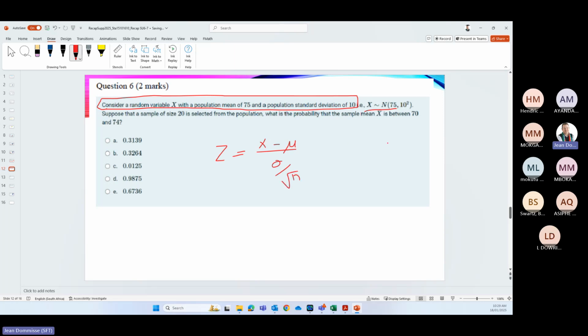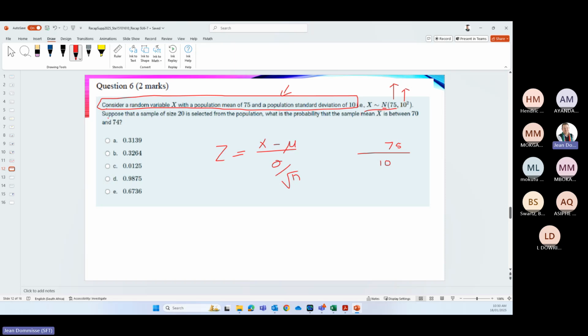They told you population standard deviation is 10. Okay, so this thing in words, they could have excluded it because it is all captured in the X is normally distributed with a mean of 75 and a standard deviation of 10. So that's already captured in that short form.